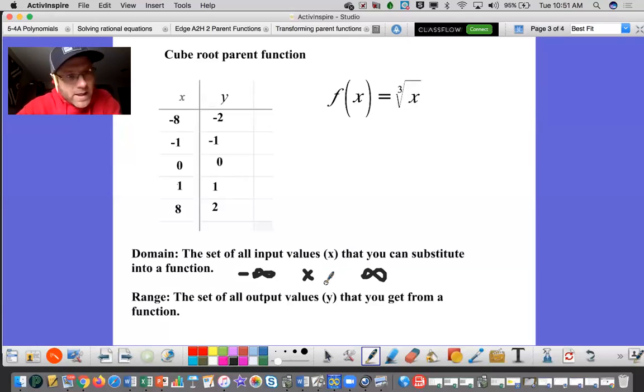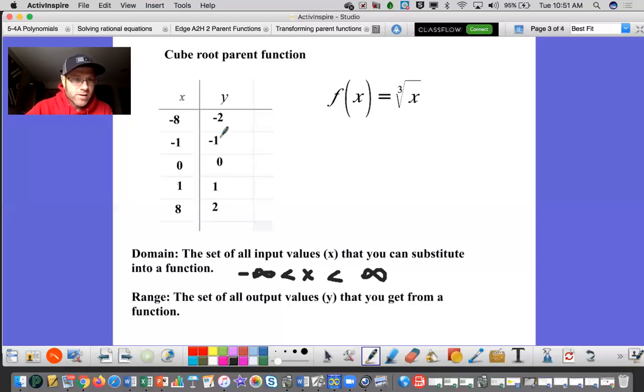And I like to say, like MC Hammer, you can't touch infinity. So we say that we are always less than, but we can't be equal to infinity. Or greater than, but we can't be equal to negative infinity. And I don't put the line under it because you can't touch that one. Okay. And that just means that I can plug anything I'd like in here from negative infinity to infinity.